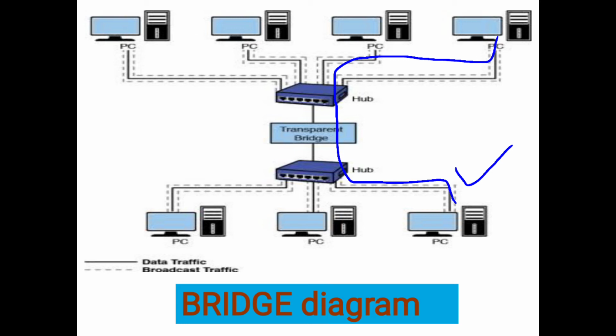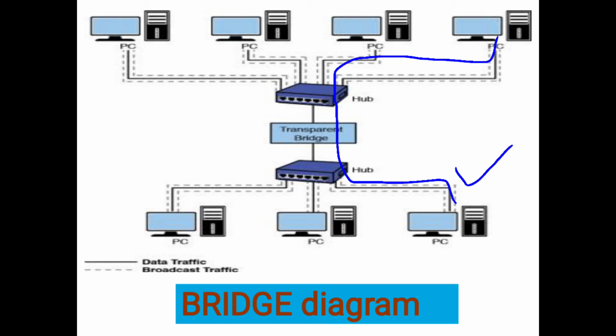But this will make the internet connectivity extremely slow, because there are a number of computers connected. Right now in the diagram we have demonstrated only 7 computers, but in a normal school campus there are about 40 computers.